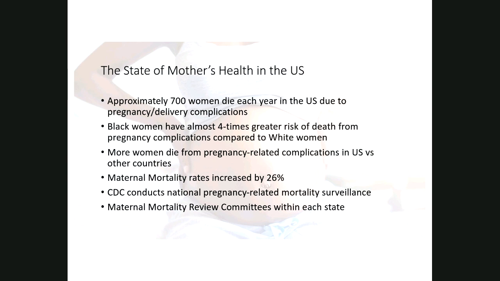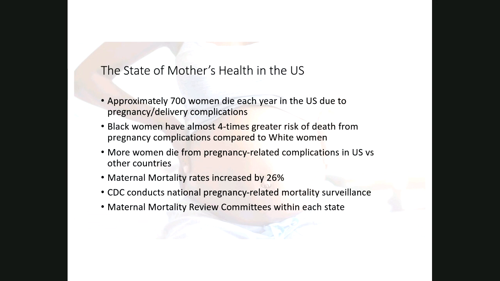Now, looking at the overall state of mothers' health in the United States, approximately 700 women die each year in the US due to pregnancy and delivery complications. Over the past 28 years, the maternal mortality rates have increased by 26%.